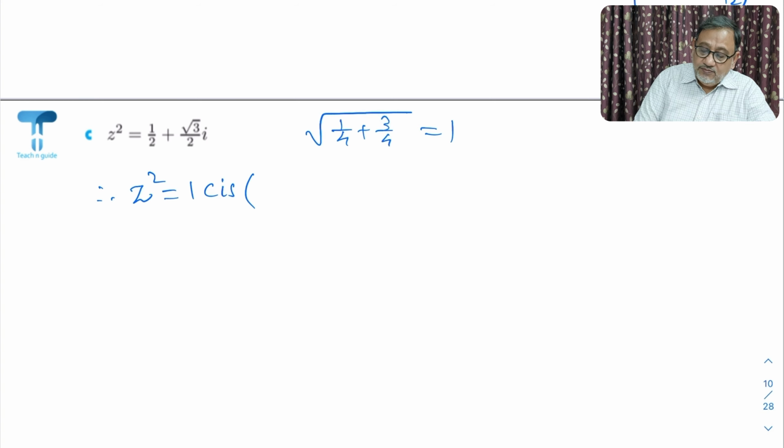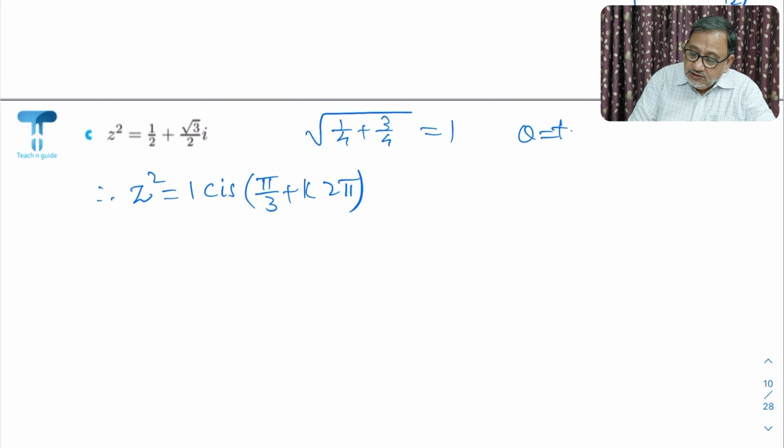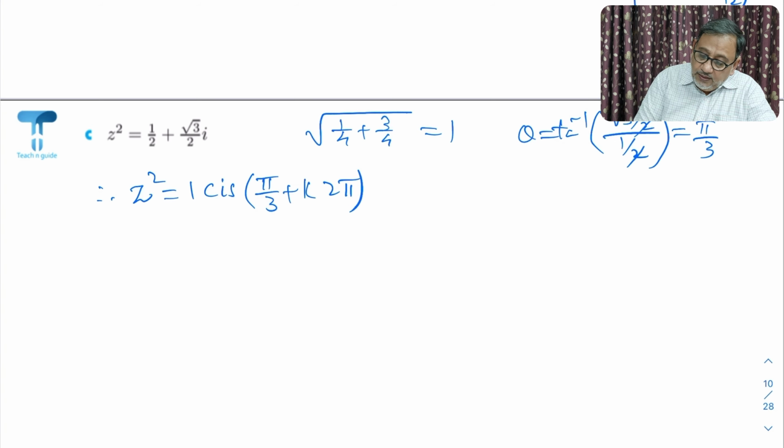So pi by 3. So cis pi by 3 plus k into 2 pi. How I got pi by 3? I got theta is equal to tan inverse root 3 by 2 over 1 by 2, root 2 and 2 goes, root 3 means pi by 3, okay, where k belongs to z.